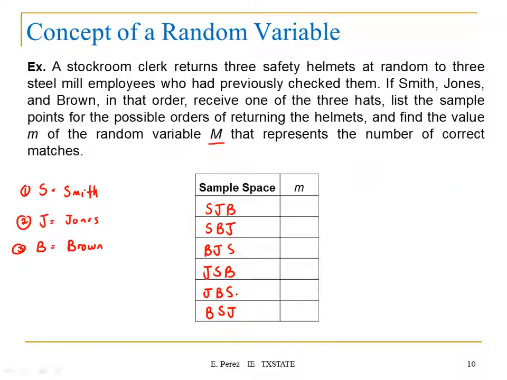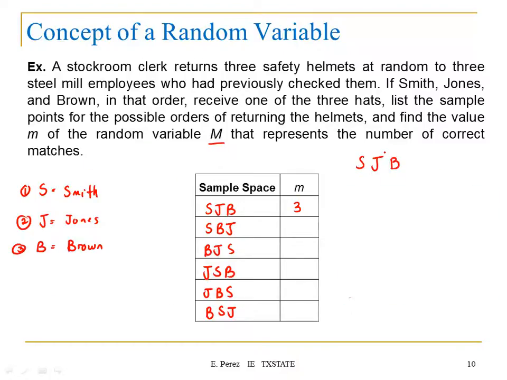And now I want to see the number of matches depending on the order. So the order is Smith, Jones, and Brown. For the first combination, I have all of them, so the value of the random variable will be 3. Again, this is the order that I'm looking for: Smith, Jones, and Brown.